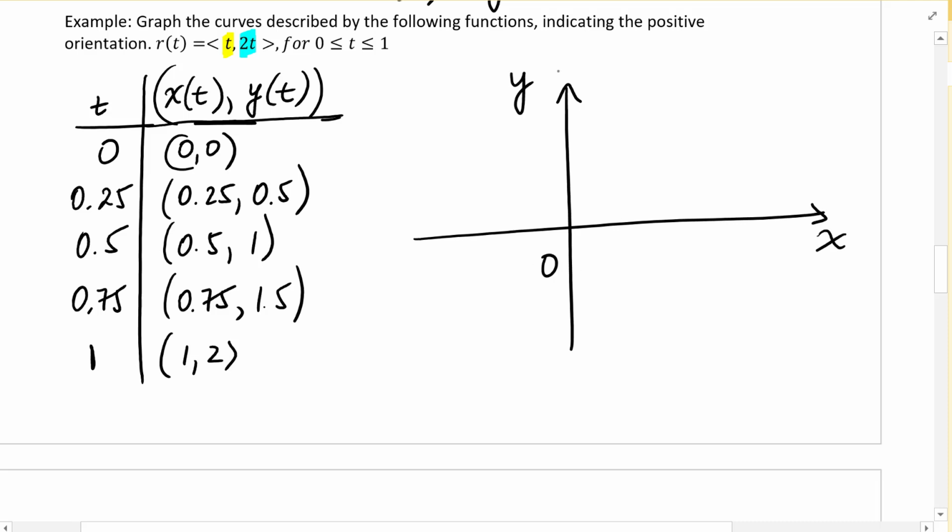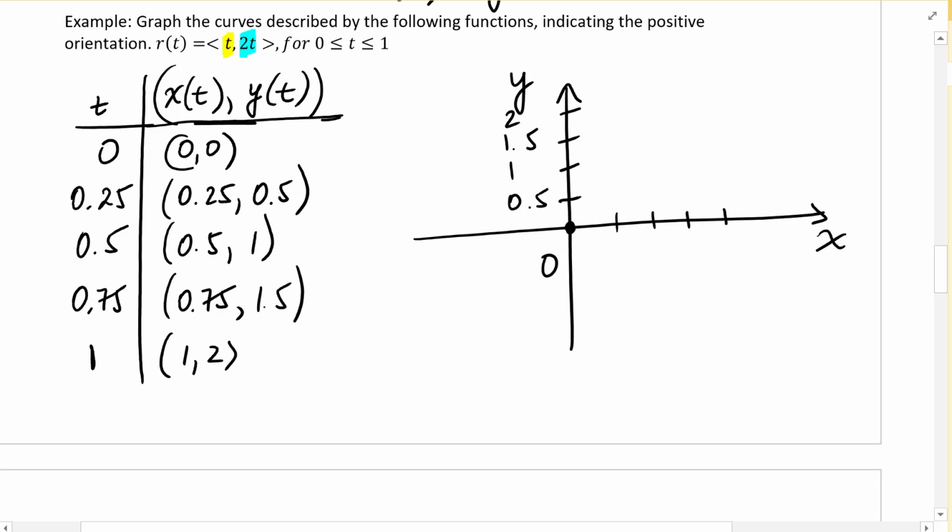So x and y, and so we have 0, 0, then 0.25. Let's say this is 1, and we split it in 4. So we get 0.25, 0.5, and again here 0.5, 1, 1.5, 2.